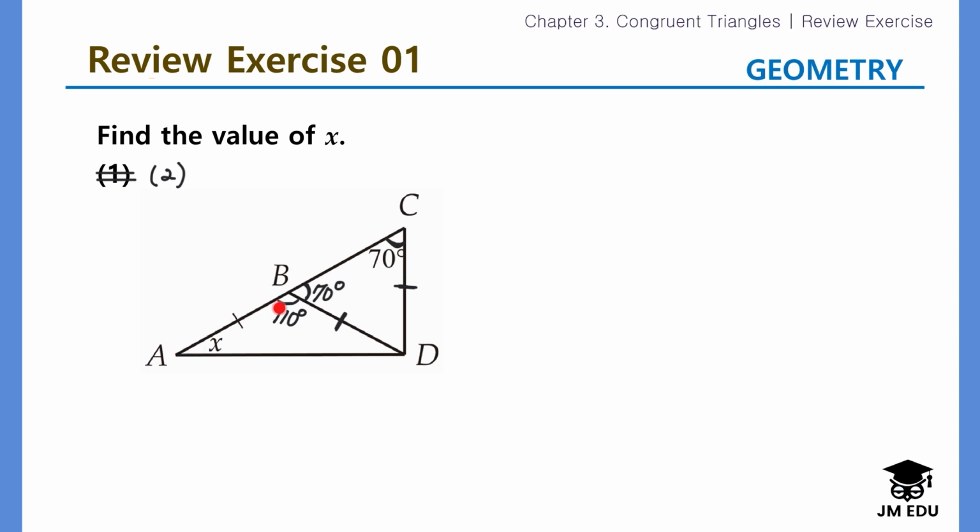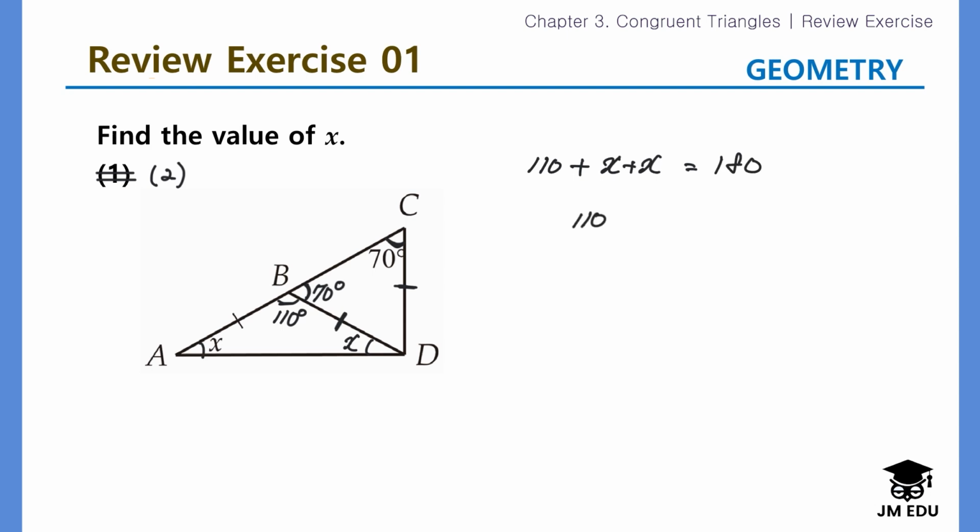And this is, again, an isosceles triangle. Base angle right here, base angle right here. So if this is x, this is also x. So the sum of these three angles in triangle ABD must be equal to 180.